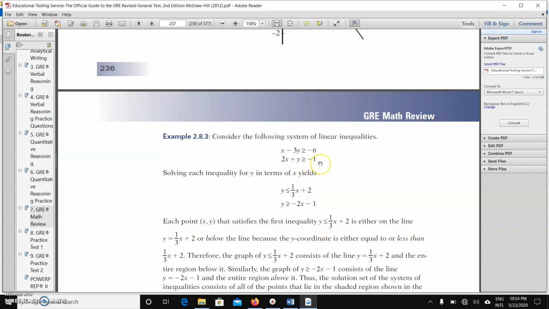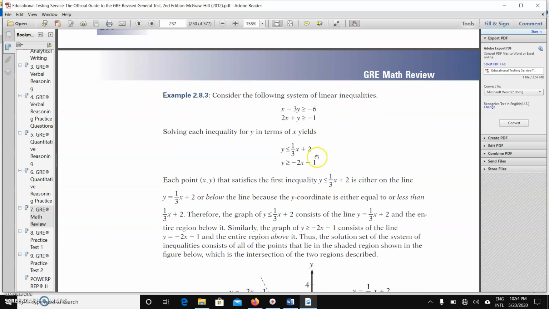If we do it that way, or rearrange it the way we should rearrange it, and if you rearrange this first part, that means x goes to the other side, so we have minus x minus 6, then we have minus 3y, so divide both sides by minus 3, so we are going to have y equals 1/3x plus 2.